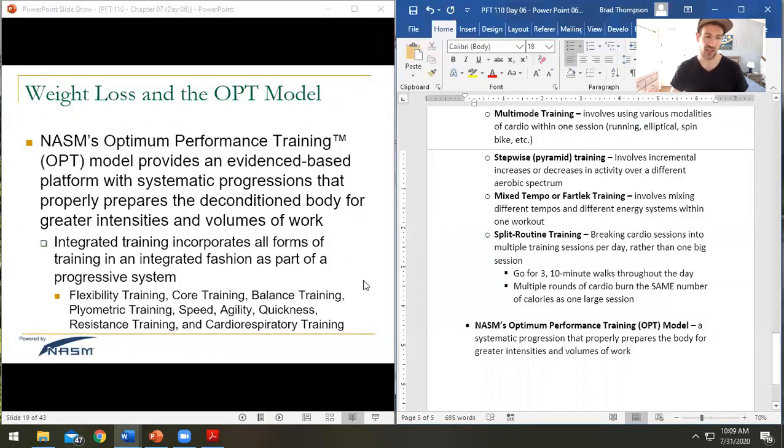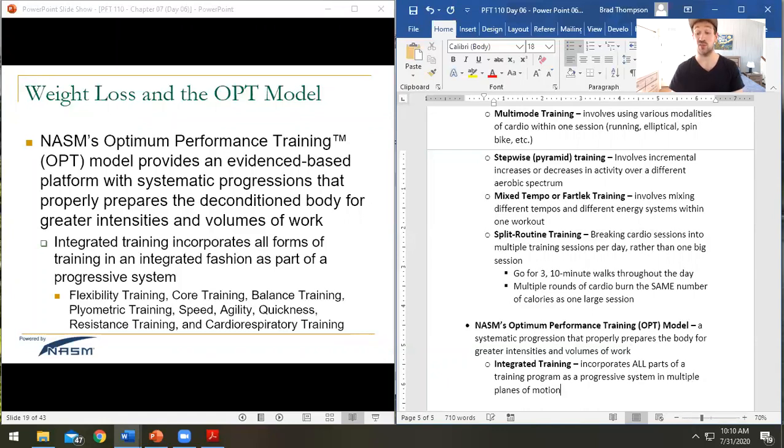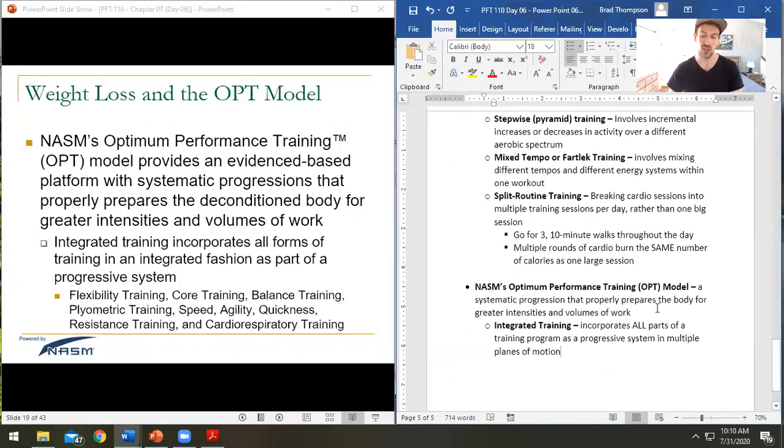So we are going to focus on integrated training, which is going to incorporate all parts of a training program as a progressive system in multiple planes of motion, which they're not mentioning here, but it is important.